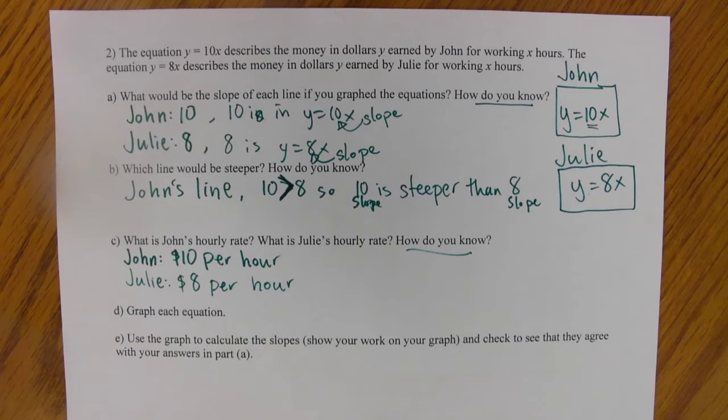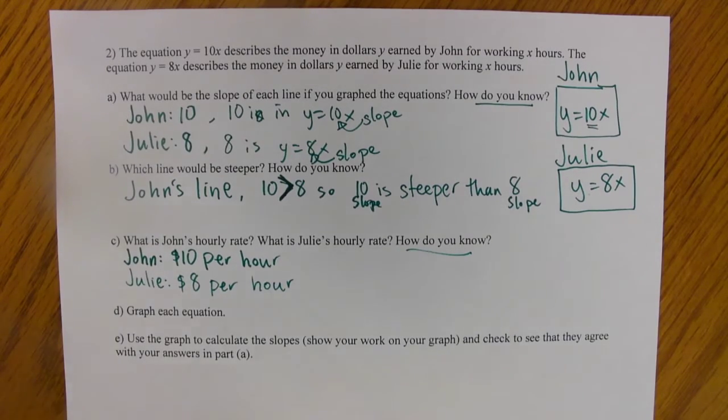If you go to the equation, where it says y equals 10x and y equals 8x, the number multiplied by x is the unit rate, so 10 is $10 an hour for y.